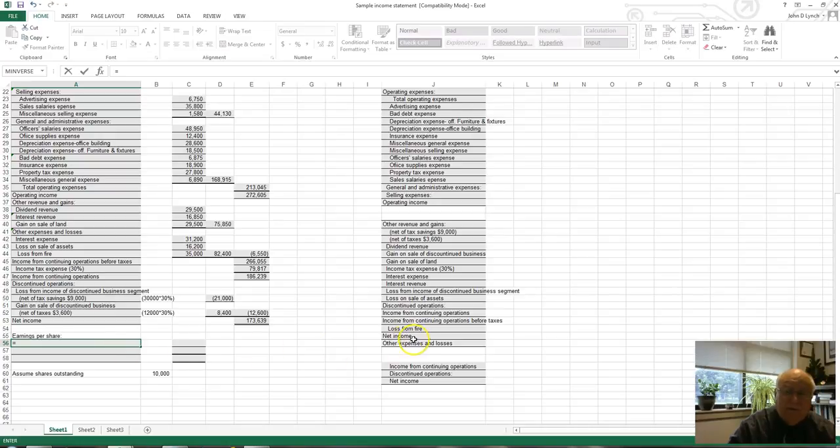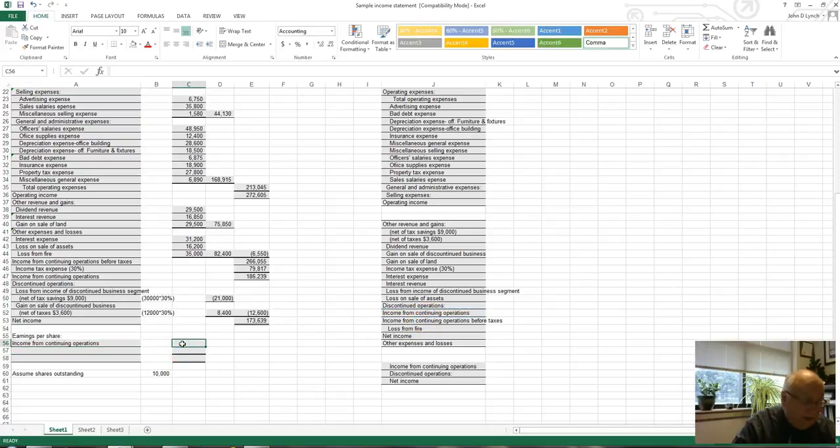So we have income from continuing operations. And for that one, we would take our net income, or income from continuing operations, which is the 186,239, divided by the number of shares that we have outstanding, which we're going to assume that's given to us in this case as 10,000.